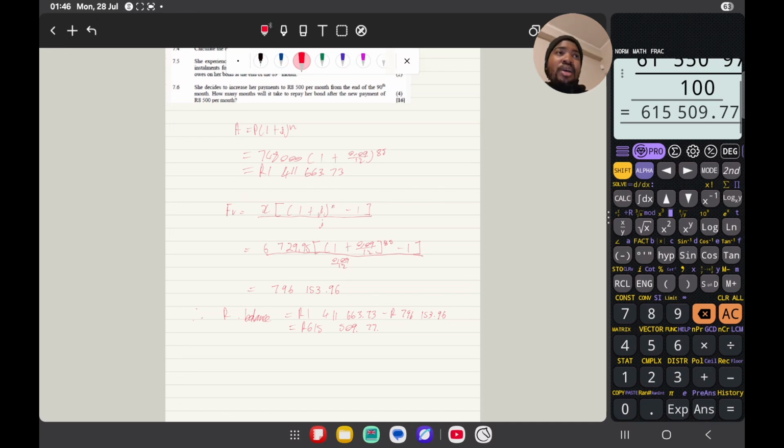I put in X, I, and N, and it's going to give me exactly how much I have left. And with that being said, I will leave the final balance here just for comparison.